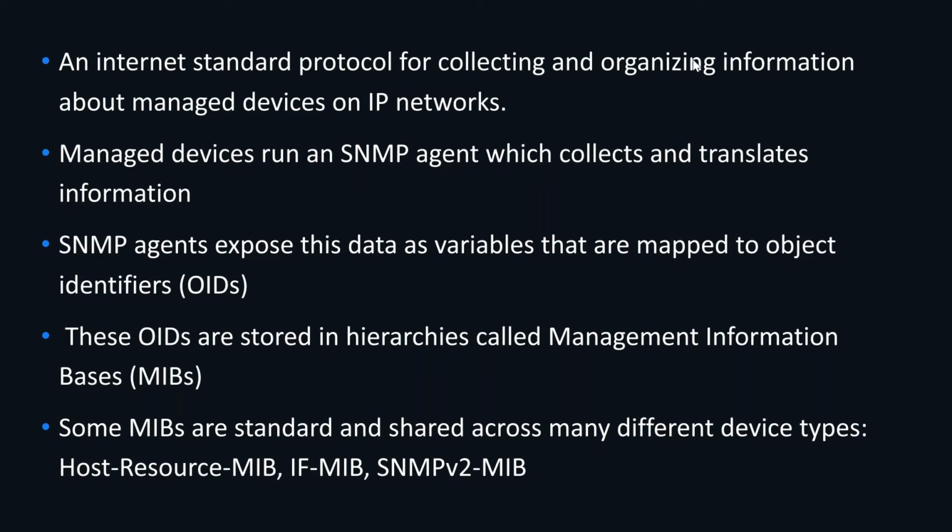So each MIB will have its name and the variables it supports. Vendors have their own, but there are also some standard MIBs that, if your device is listening on, say, the SNMP v2 standard, it should support, such as the host resource MIB to report things like CPU, memory, and disk usage, the IF MIB for interface and network statistics, and the SNMP v2 MIB for properties like device name, device uptime, and things like that.